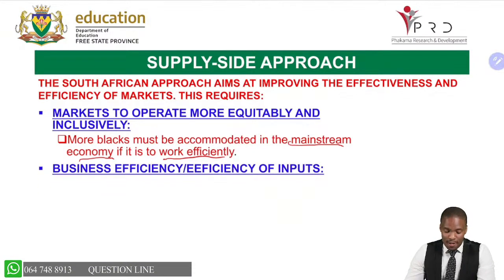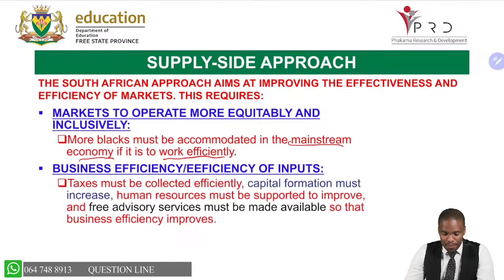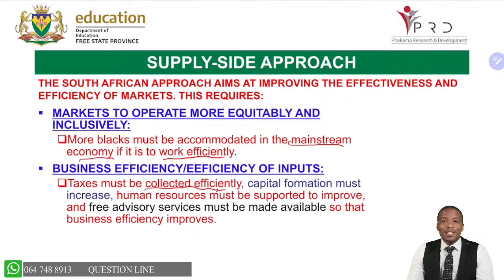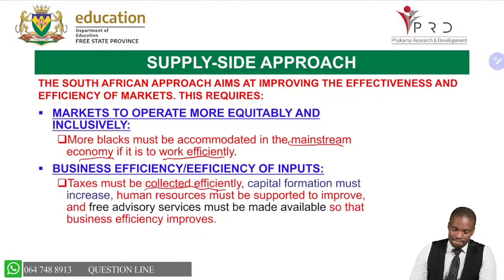The next one we are saying business should operate efficiently, or there should be efficiency of inputs. Here, the inputs we are talking about, the tax must be collected effectively or efficiently. So capital formation must be increased. Here we are talking about investment. Human resource must also be supported to improve, and also the free advisory services that are offered by the government.